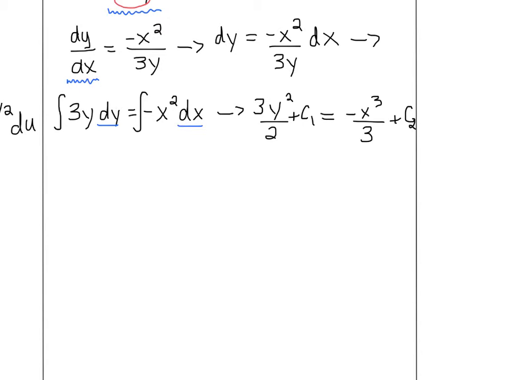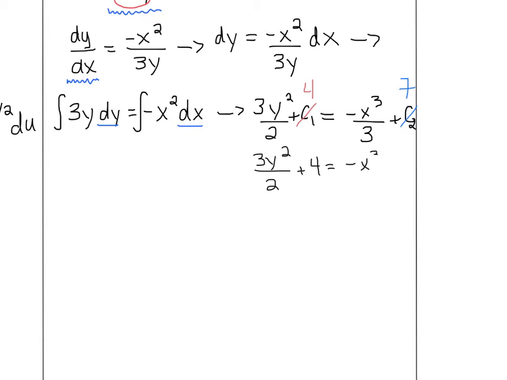So let's suppose in this particular example that c1 happened to be, I don't know, 4, and c2 happened to be, I don't know, we'll call it 7. So right now we're actually working with 3y squared over 2 plus 4. Again, this is just hypothetical.